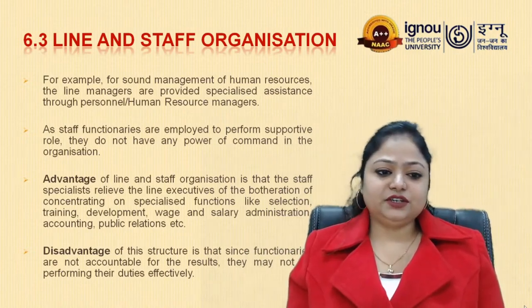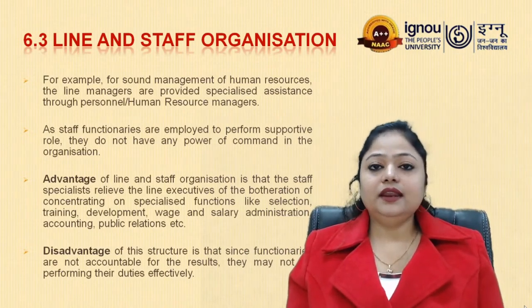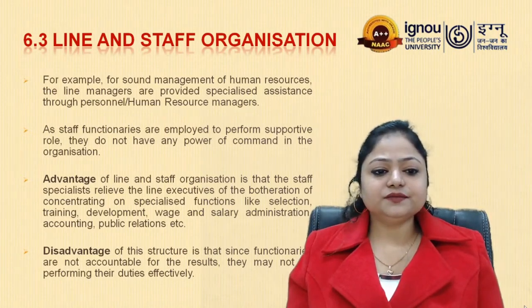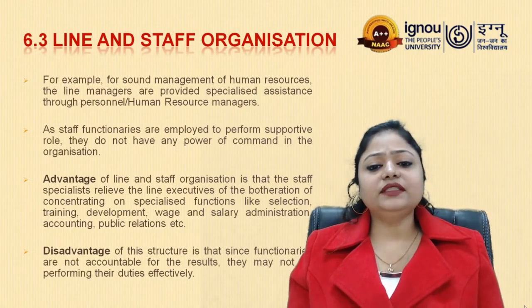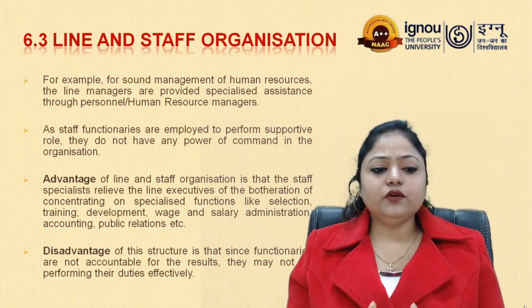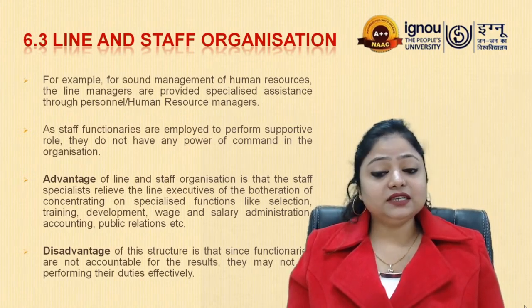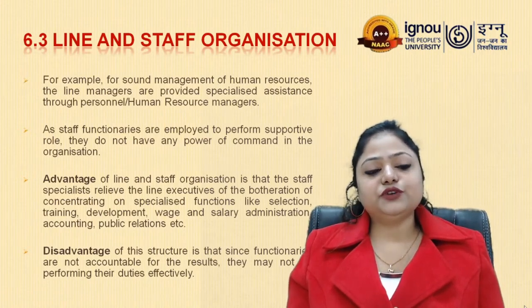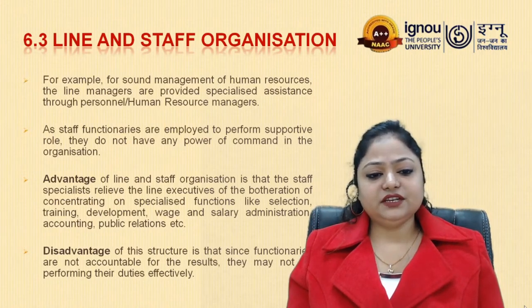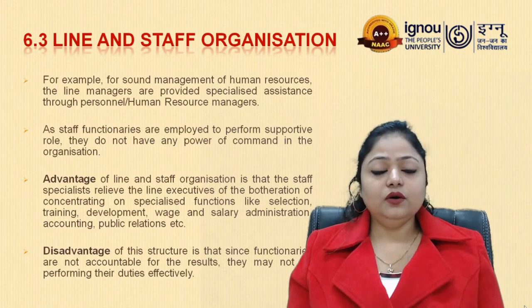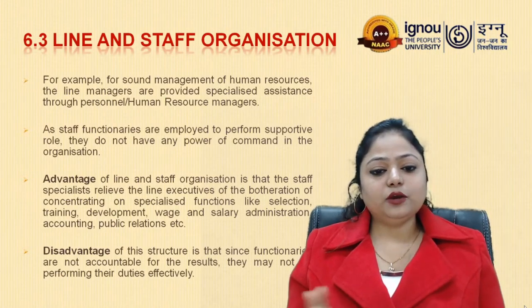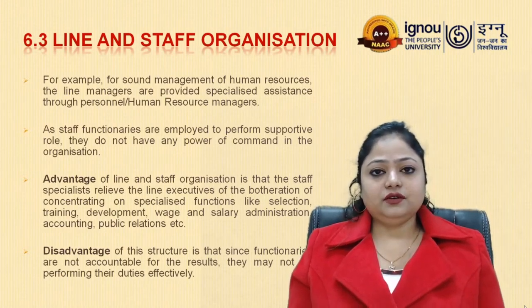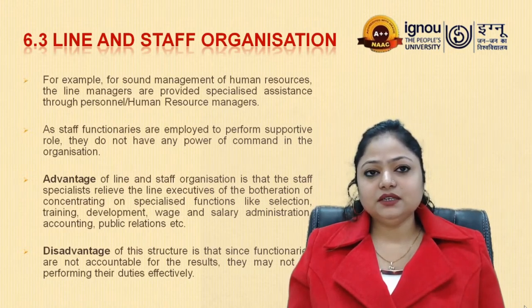The staff specialists relieve the line executives of the botheration of specialized functions like selection, training, wage and salary administration, accounting, and public relations. The line managers depend upon the staff members or managers who help them to conduct all these processes.